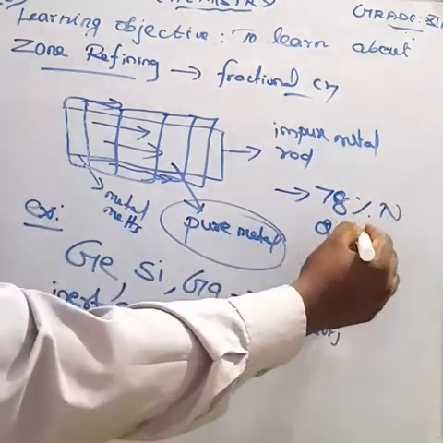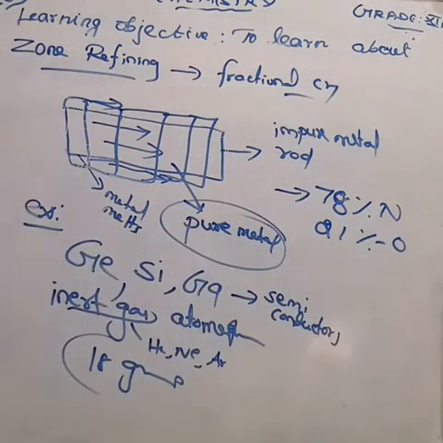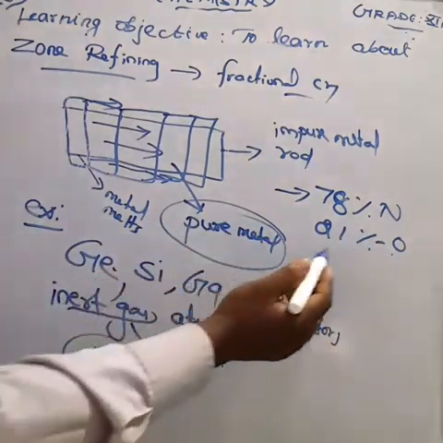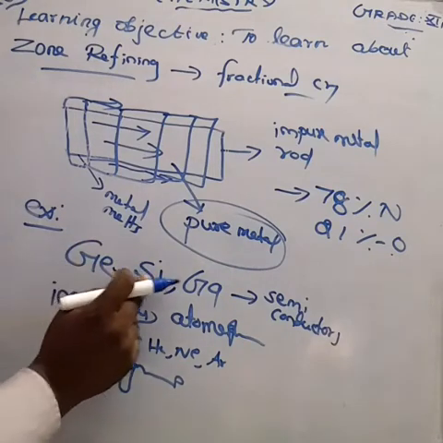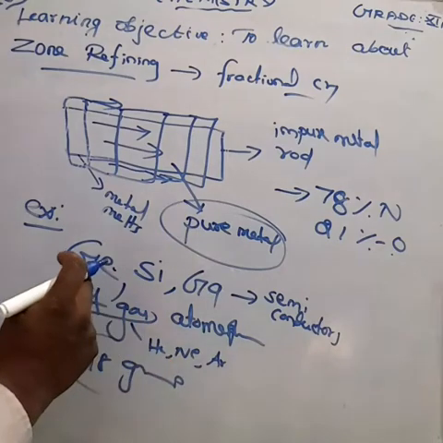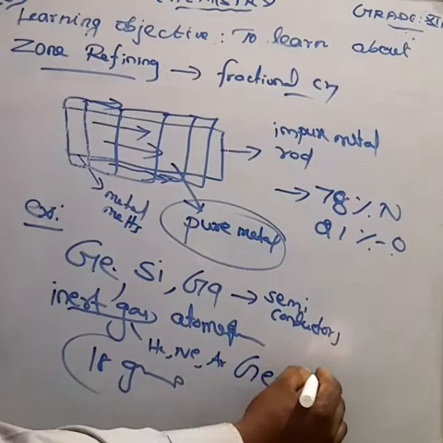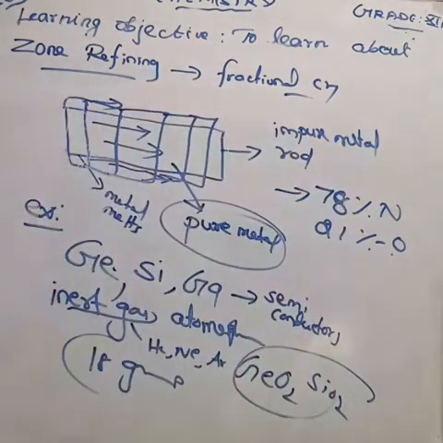So here is one possibility of contamination, because the air has oxygen. When the oxygen in the air combines with germanium, we get germanium oxide. Likewise silicon oxide and also gallium oxide. So to avoid this, we are using an inert gas atmosphere.